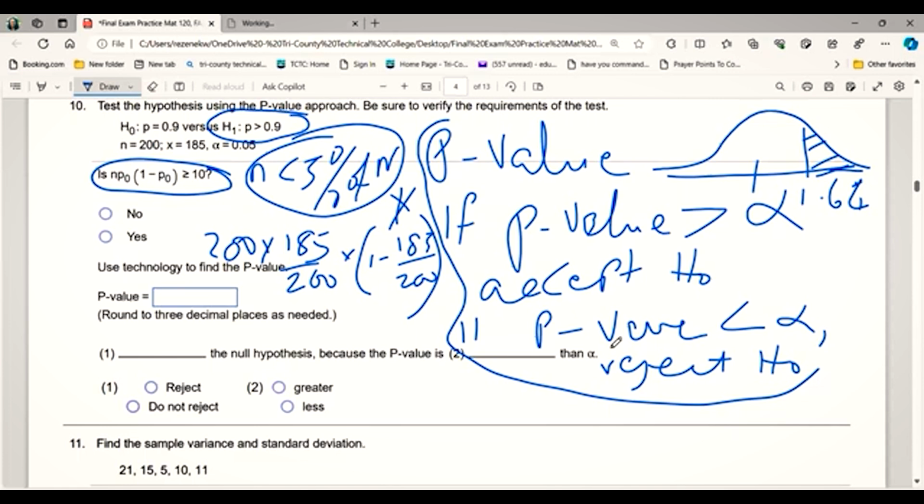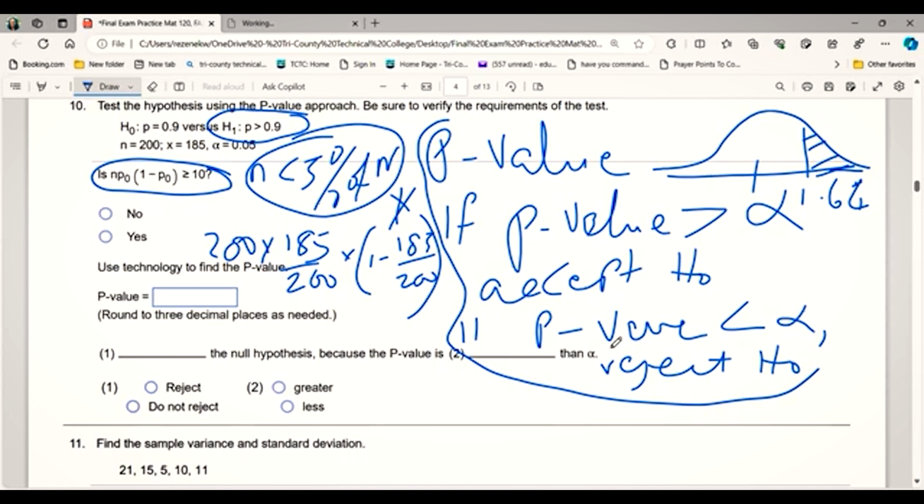Now that I have accepted the null hypothesis, I do not have enough evidence to reject the null. The status quo is still true, it's still working. I want you to know that you don't have any business rejecting the alternative.